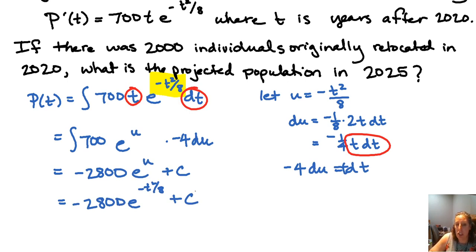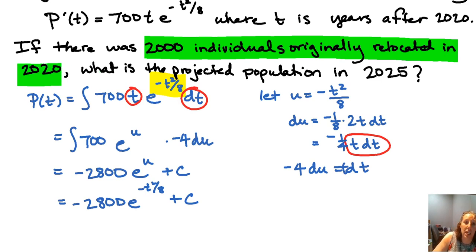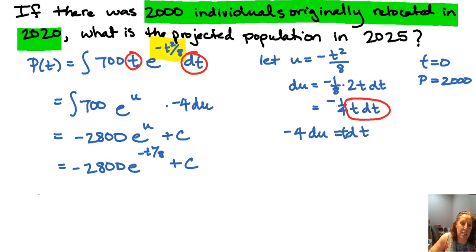We need to figure out our c, and in order to do that, we are going to use the fact that there were 2,000 individuals originally relocated in the year 2020. Well, t is years after 2020, so that is giving us when t equals 0, our population is equal to 2,000. So we're going to do the same type of thing we did on the previous example.